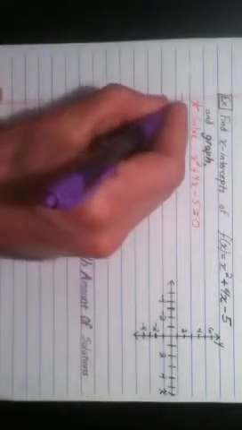In order to find our x-intercepts, we take our quadratic equation, x squared plus 4x minus 5, and we want to see what x values will make it equal 0. That'll tell us our x-intercepts. So we set the equation equal to 0, and as I said, we can either factor or use the quadratic formula.